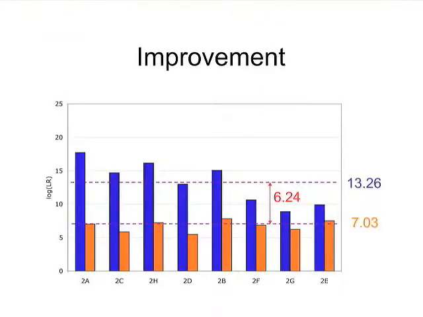Human review with CPI is shown in orange on the same 8 cases, and what we see is instead of an average of 10 to the 13th, we have an average of 10 to the 7th, or about 10 million. The average information difference is about 10 to the 6th, or about 1 million to 1.